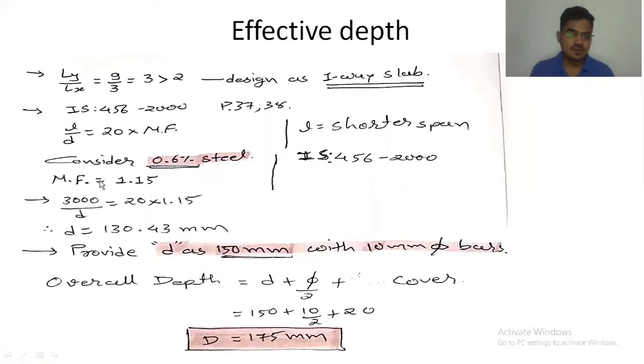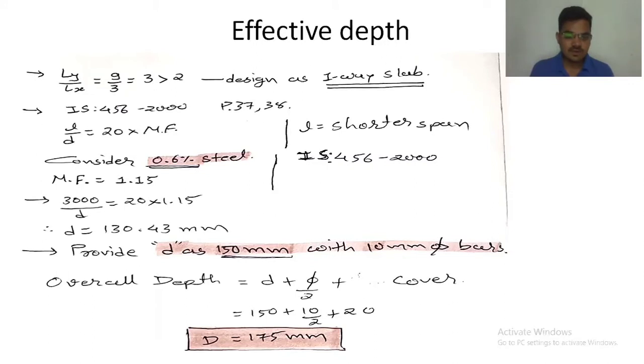So here the modification factor is 1.15. I am substituting all these values in this equation and calculating D. Effective depth is 130.43 mm. I am providing a higher value of 150 mm and providing a 10 mm diameter bar.